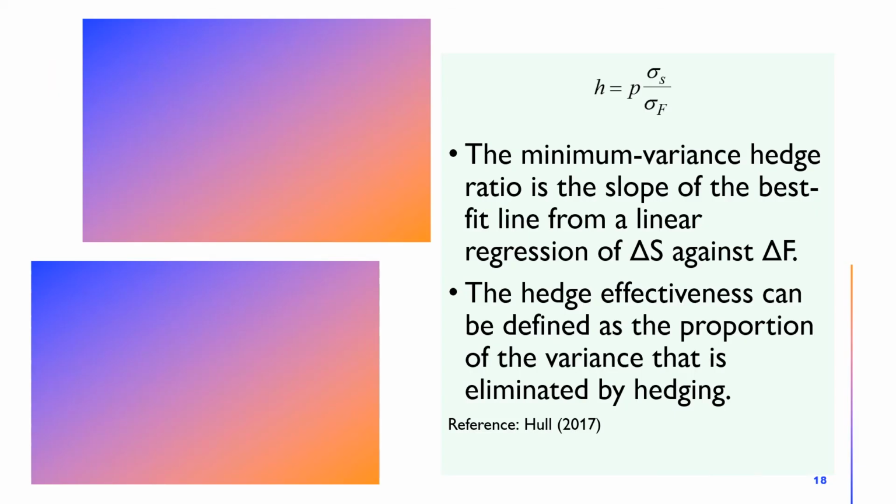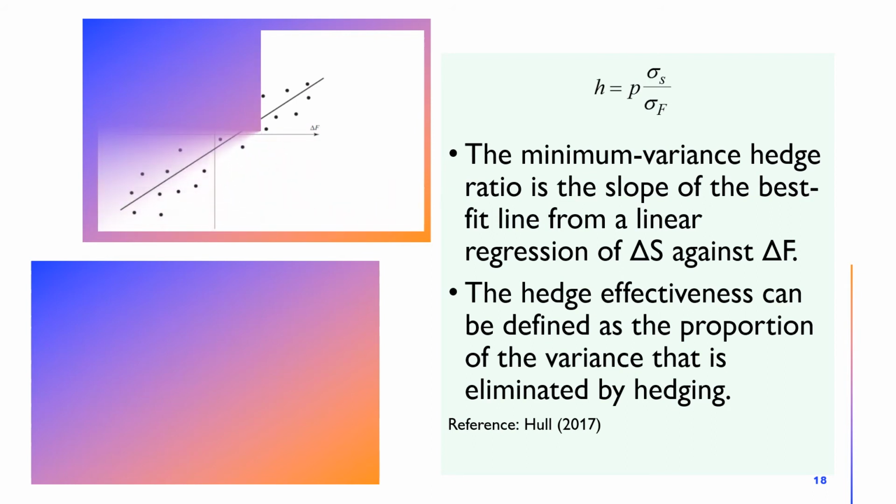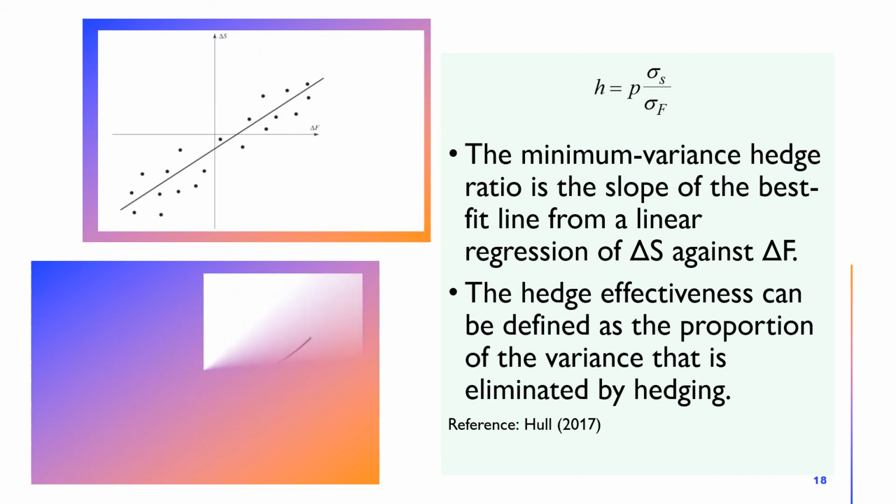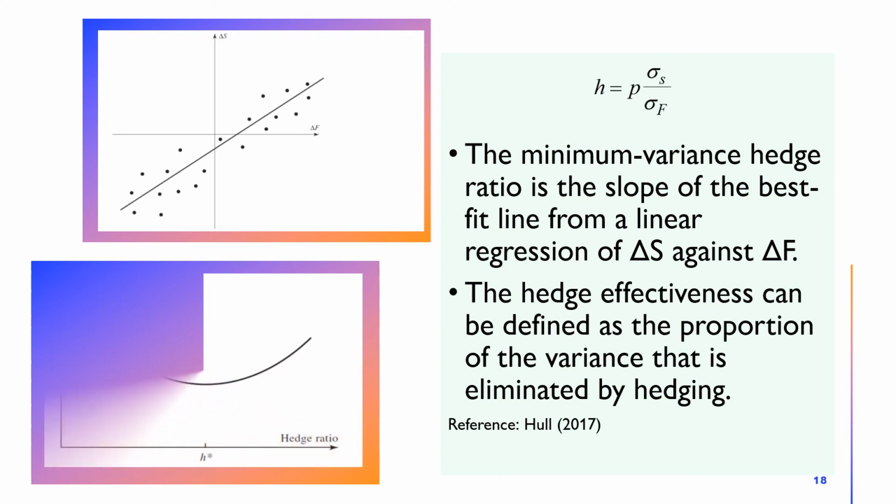The equation of the optimal hedge ratio can also be explained from a statistical perspective. The minimum variance hedge ratio is the slope of the best fit line from a linear regression of change in S against change in F. The hedge effectiveness can be defined as the proportion of the variance that is eliminated by hedging.